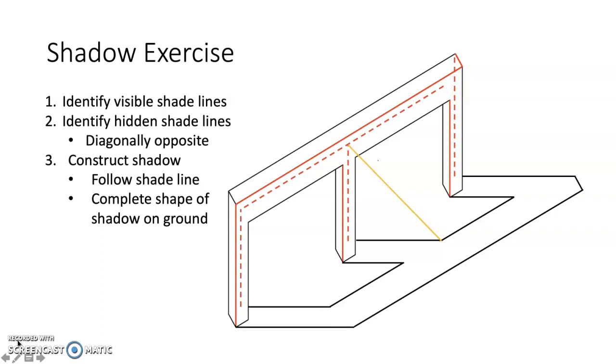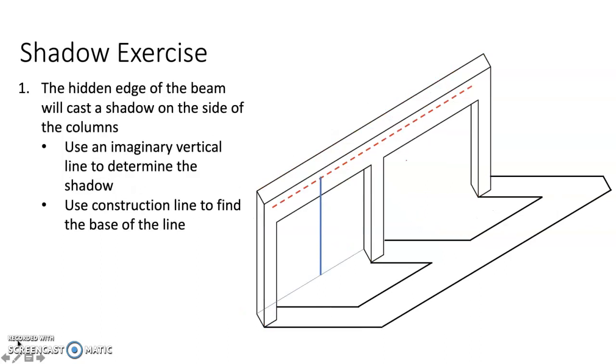And we're almost done, but there is a small shadow that is cast on the sides of the columns by the edge of the beam. To construct that shadow, we're going to have to do a fair amount of work. First, we're going to take an imaginary line that intersects the far edge of the beam, the underside of the beam, and we're going to determine where it would reach the ground.